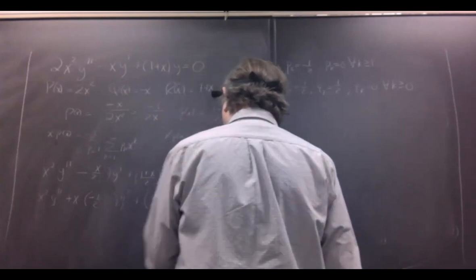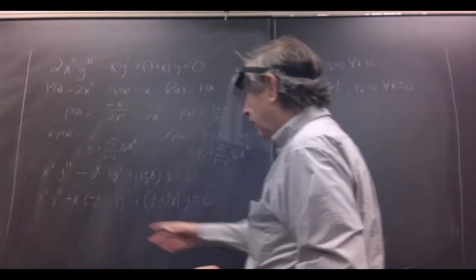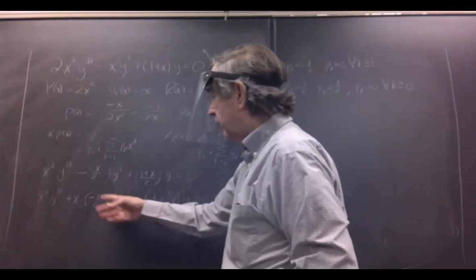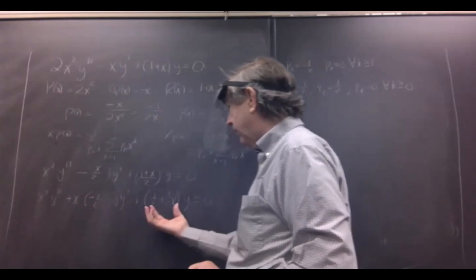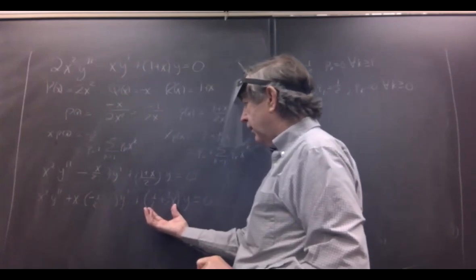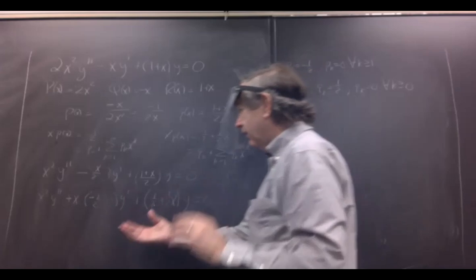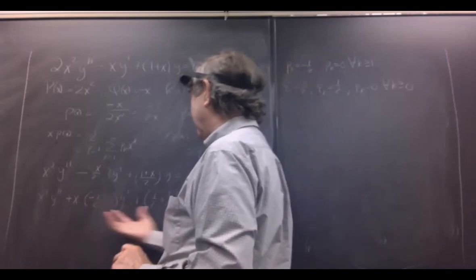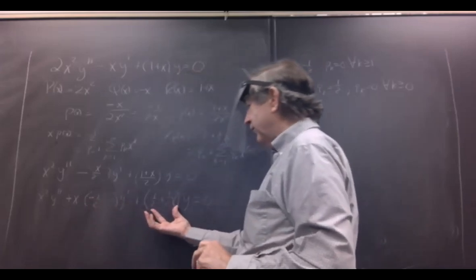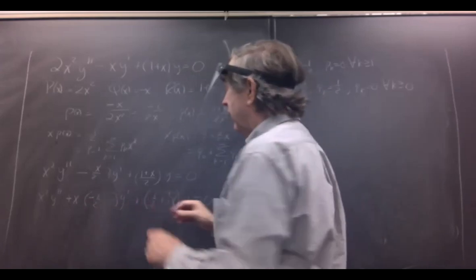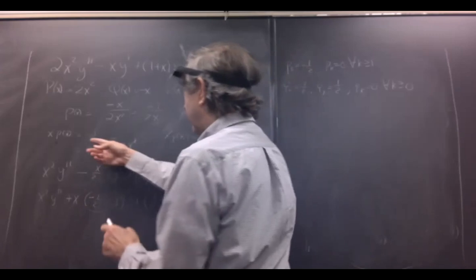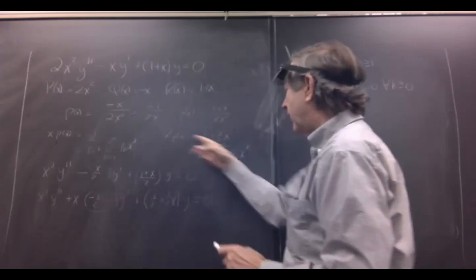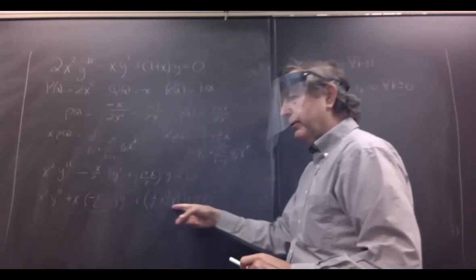Now, the point is, you want to write this so you have the power series of P, I beg your pardon, the power series of Q, the power series of xP here and the power series of x squared Q here. And if you'll notice, all I did was rearrange things a little bit, but this is a whole power series. It breaks down to just a half. This whole power series here breaks down to just that.